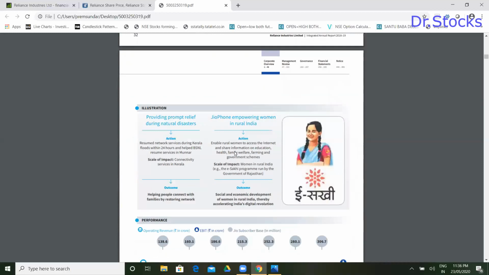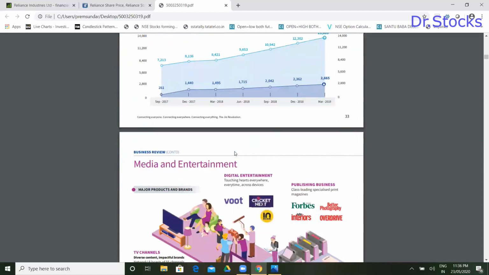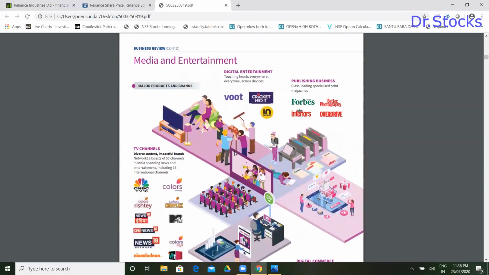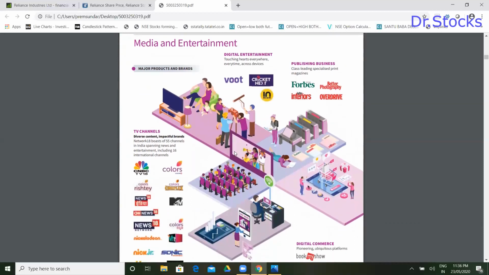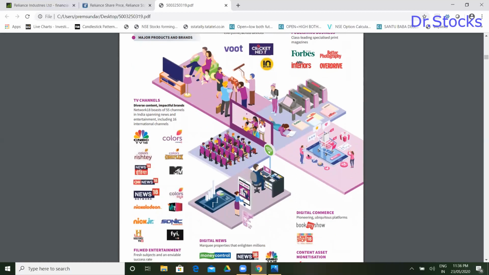So moving on with the last important thing, that would be media and entertainment. In media and entertainment, TV, that is Network 18, is completely owned by the Reliance Group, and it comprises 55 channels. And one more important thing, what are the other components?